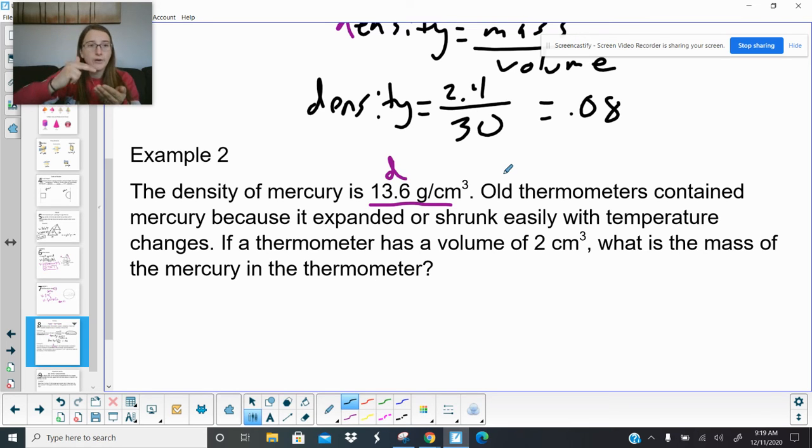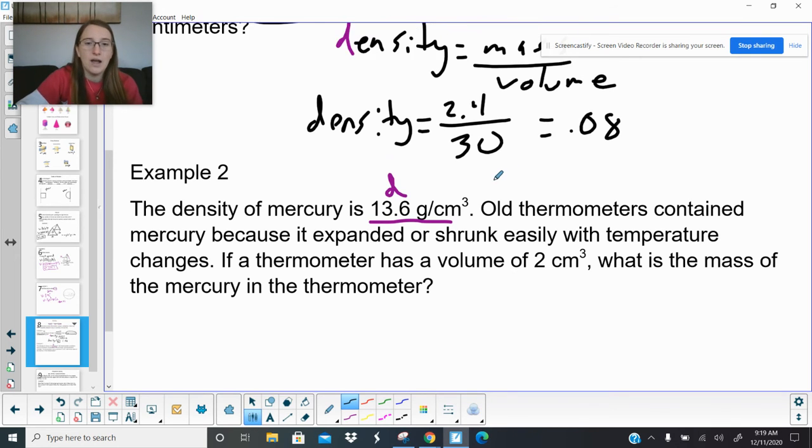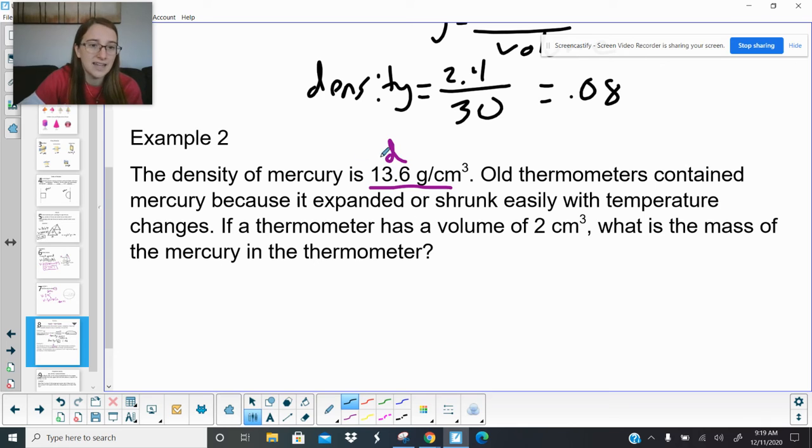So that's how the thermometer went up or down. It reacted to the temperature change and would either cause the mercury to expand or cause the mercury to shrink. So looking at just a basic, when it is at this density, a certain thermometer has a volume.